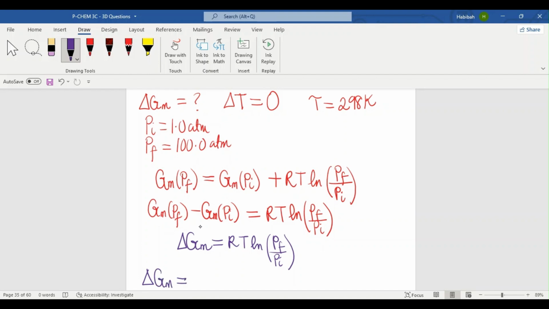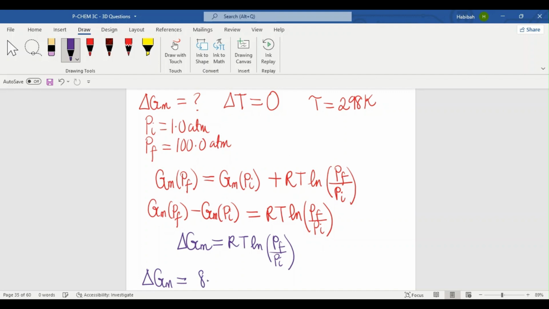Since this is a molar Gibbs energy question, we're going to use the gas constant 8.3145 joule per mole Kelvin, because the unit for change in molar Gibbs energy is joule per mole or kilojoule per mole. Understanding the units of what we're solving for determines the gas constant we use.